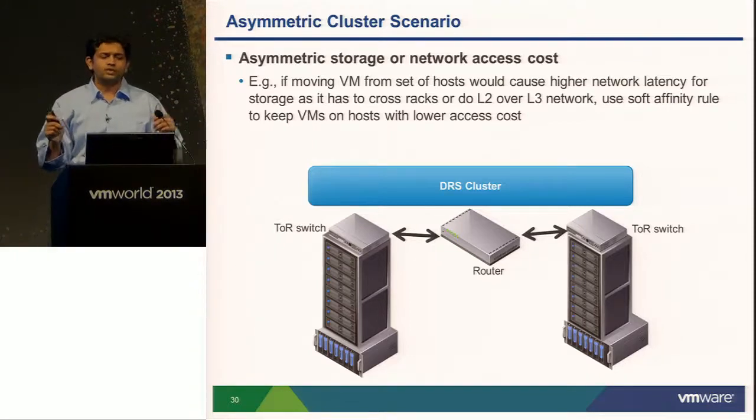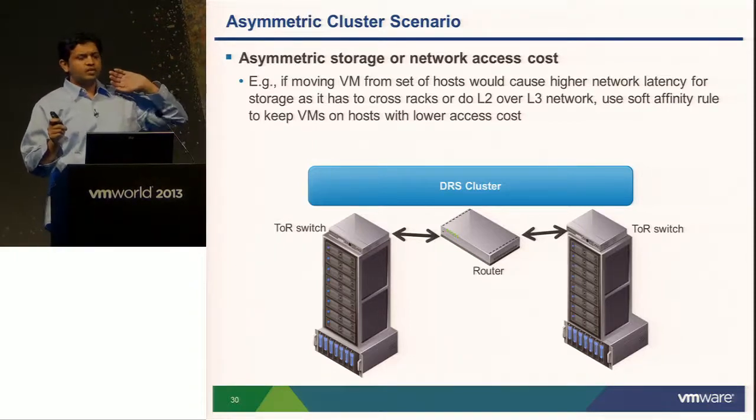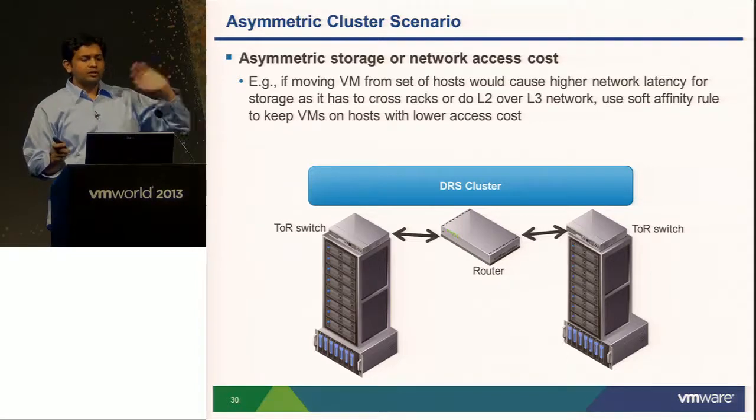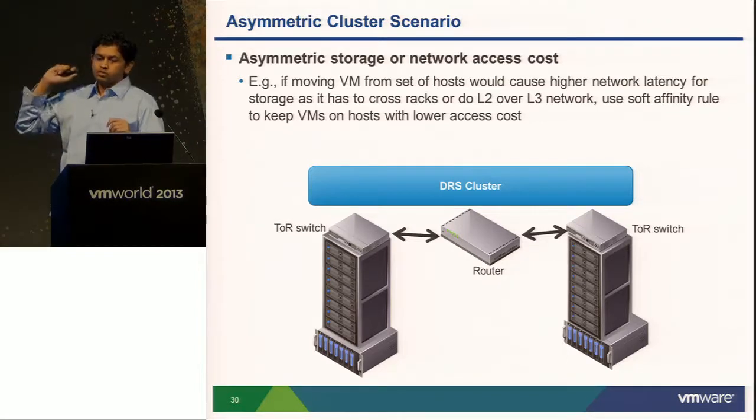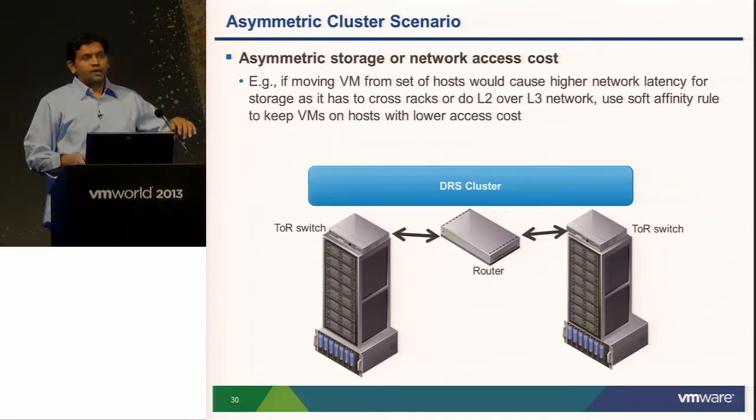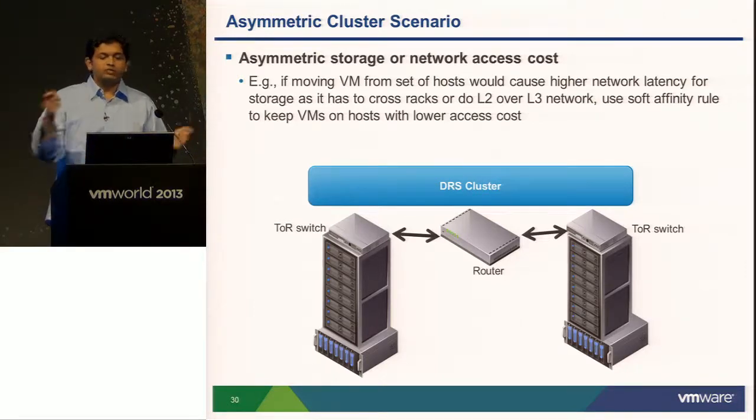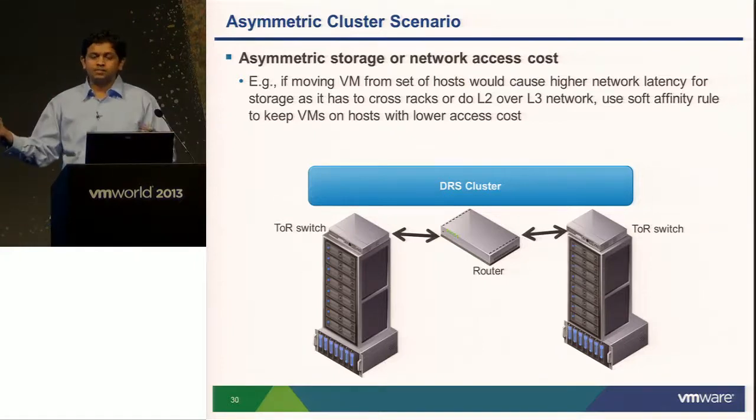So we can set a rule that says that VMs whose disk is on the left data store should run only on the left rack, and VMs whose disk is on the right data store should run only on the right rack. Only when DRS cannot satisfy all the VM demands by satisfying this rule, DRS would move it across the bisection bandwidth to the other side.